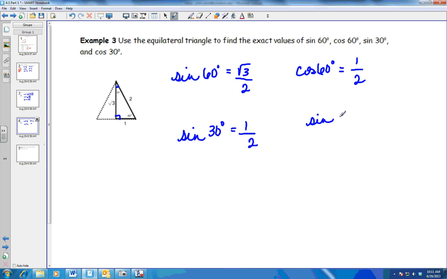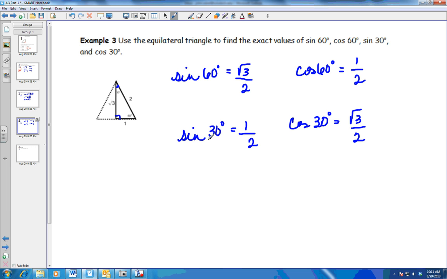And the cosine of 30. Here's my 30-degree angle. Cosine is adjacent over hypotenuse. So adjacent is square root of 3 over the hypotenuse, 2.